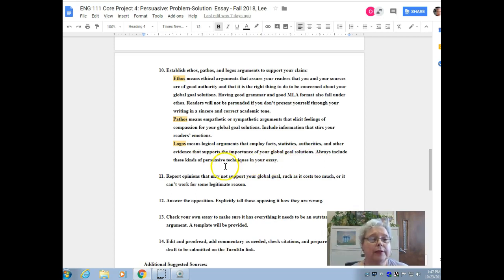And you want to always include those kinds of techniques. But in addition to that, try to touch people's emotions and try to establish that you are a person that is trying to do the right thing, and that the sources that you've used are good authorities that are trying to do the right thing also.